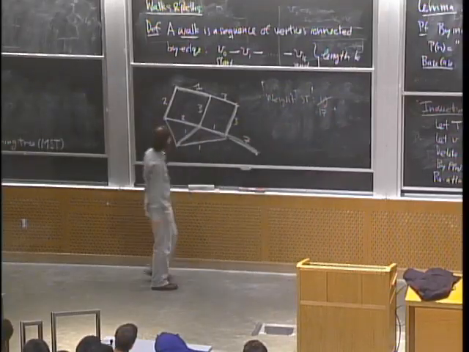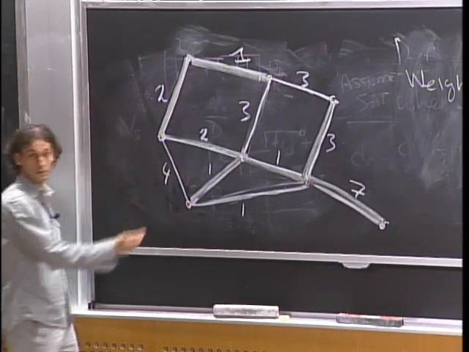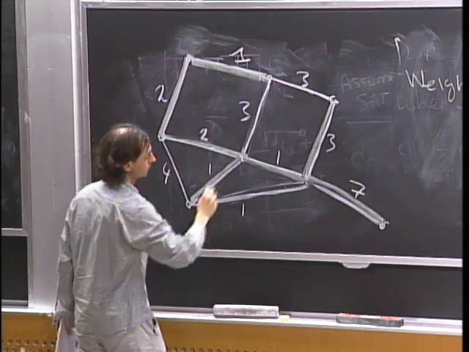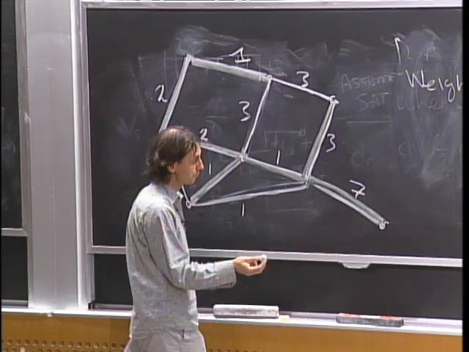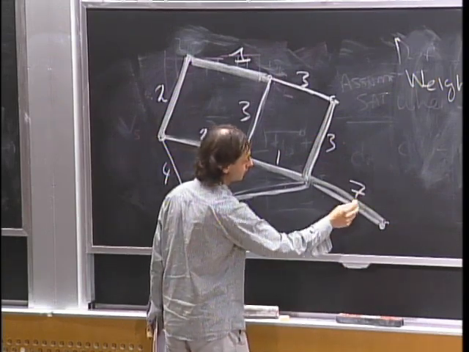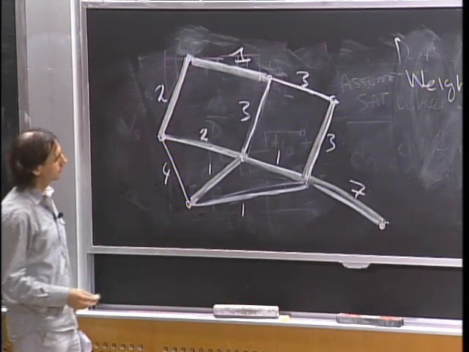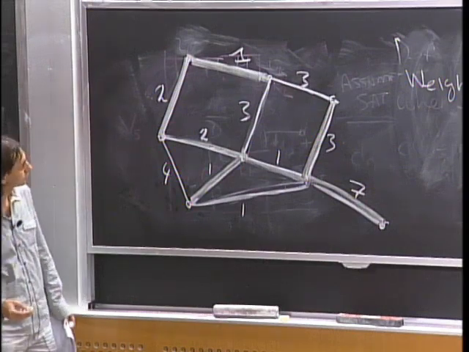So can we do anything less than this? It's still a tree, right? Because there's no cycle. If you want to have a connected subgraph, I always need the 7 in here. It seems like you cannot really replace anything by something cheaper.